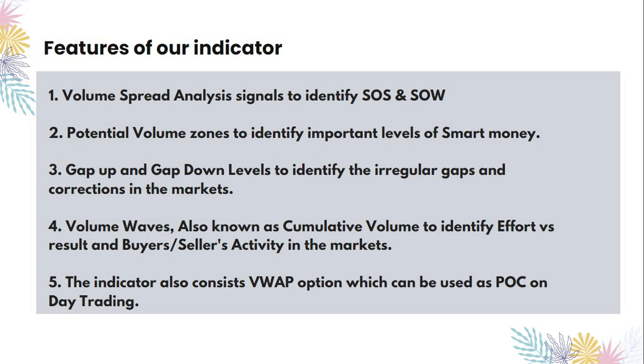The third is the gap up and gap down levels to identify irregular gaps and corrections in the markets. The fourth is volume waves, also known as cumulative volume, to identify effort versus result and buyers and sellers activity in the markets. And the fifth thing, this indicator also includes a VWAP option, which can be used as a point of control in day trading.